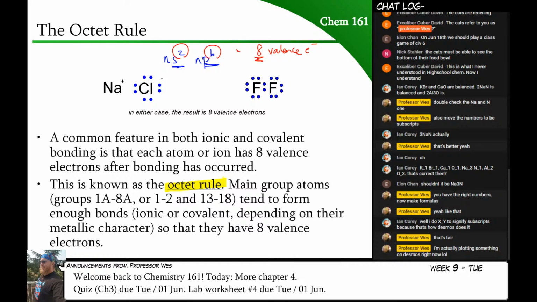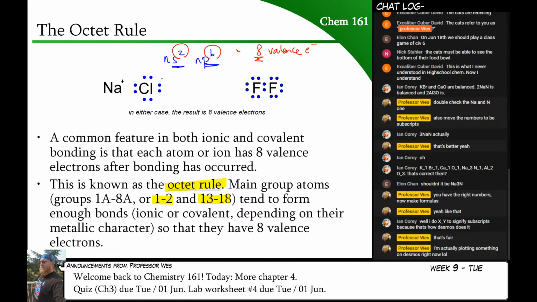Main group atoms, which are labeled as 1 through 8A, and we're going to use this numbering scheme to the best of our ability, 1 and 2, or 13 through 18, form enough bonds, either ionic or covalent, and either abandon electrons, collect electrons, or share electrons, depending on whether it's ionic or covalent, so that they end up with a total of 8 valence electrons.